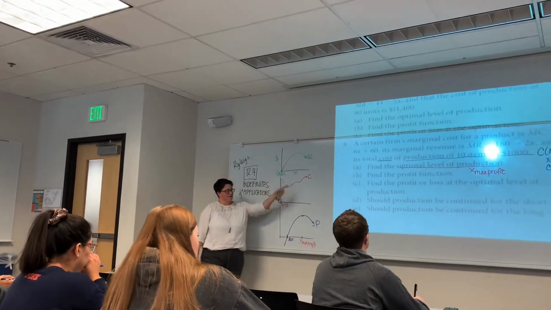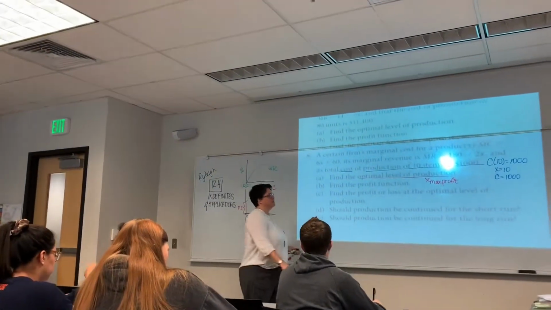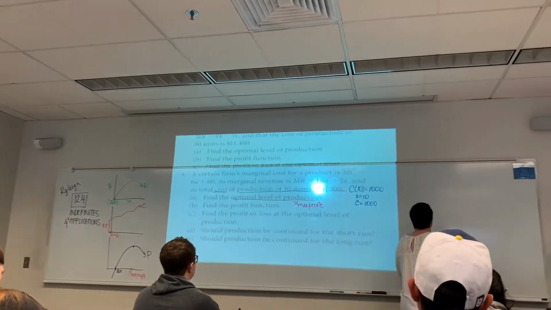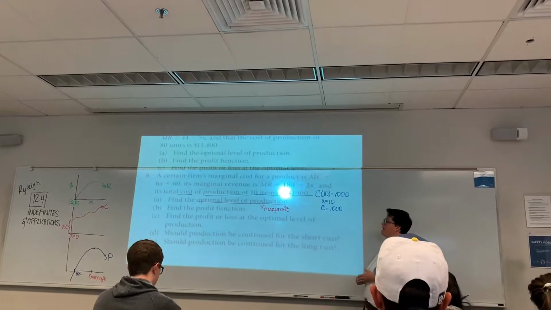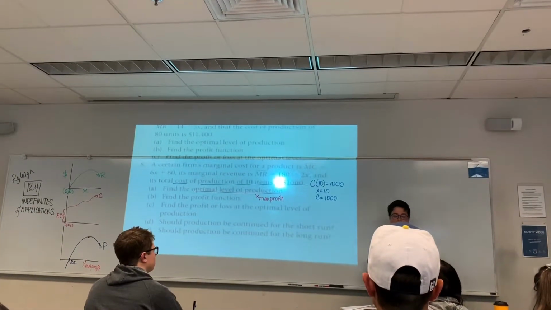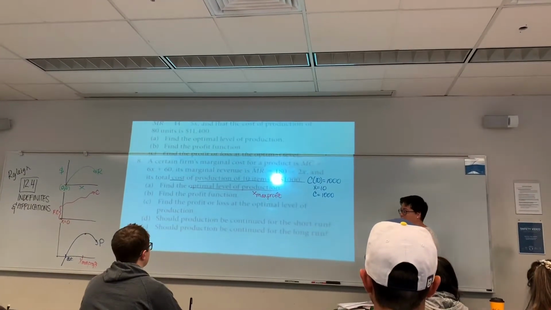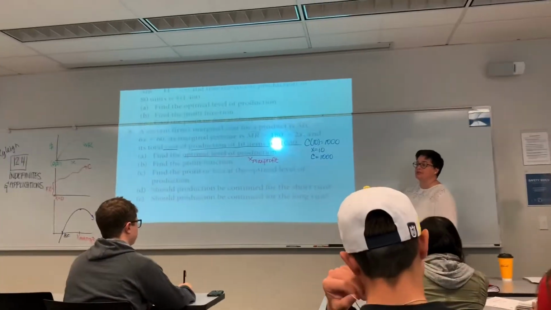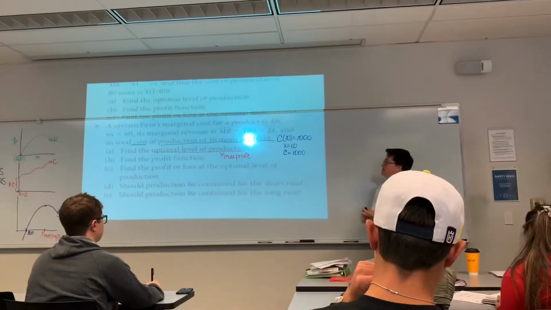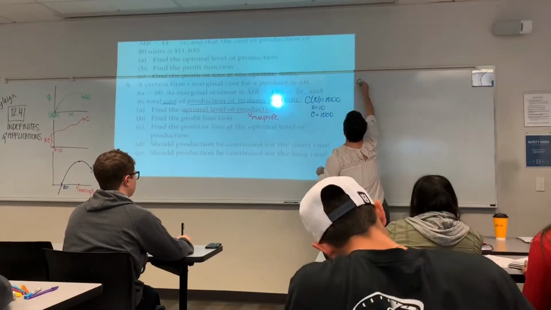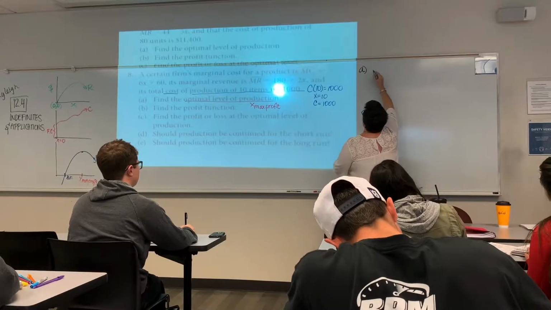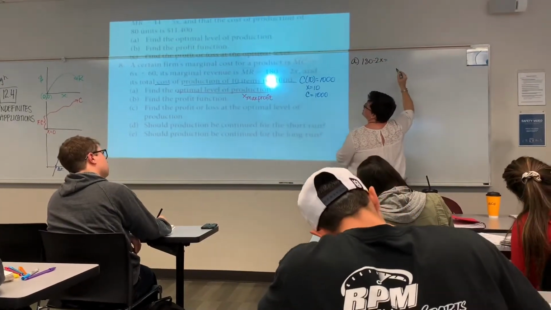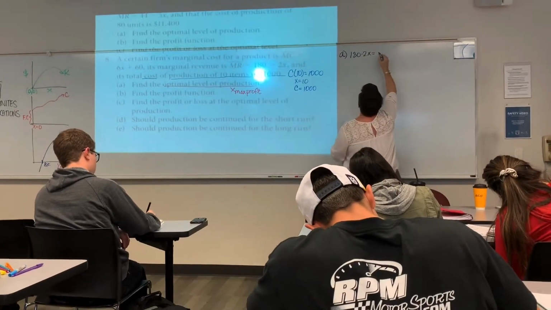So do you remember the little thing that I gave you guys earlier? What's the quick and easy way if you're given the derivative of cost and the derivative of revenue? Set them equal to each other, right? Okay, so part A, here we go. 180 minus 2x equals 6x plus 60.